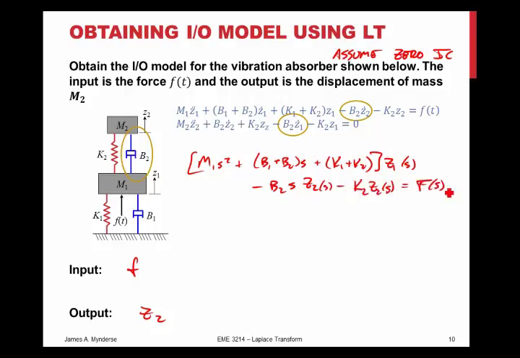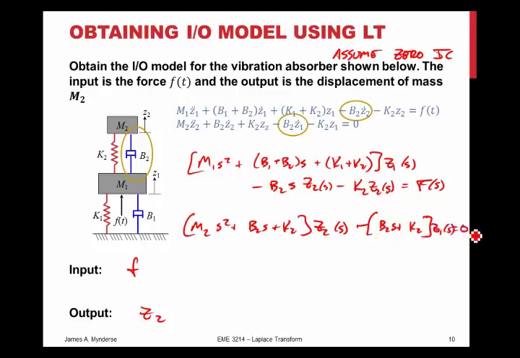And I can do the same thing for the second one. I can say (m2 s squared plus b2 s plus k2), all of that times z2 of s, minus (b2 s plus k2), quantity z1 of s, is equal to 0. So there's my two equations.